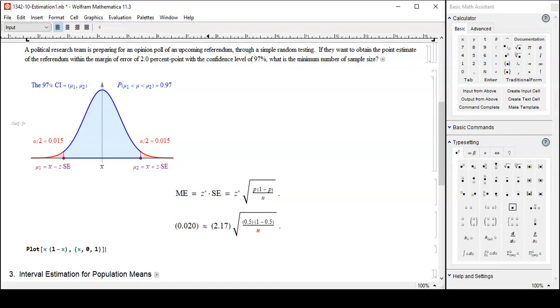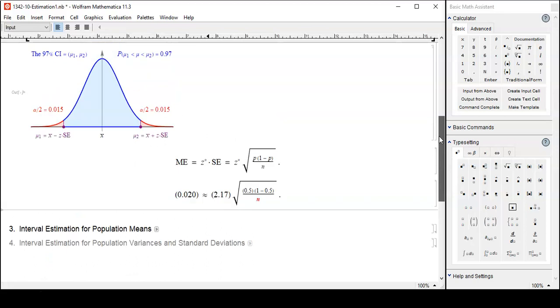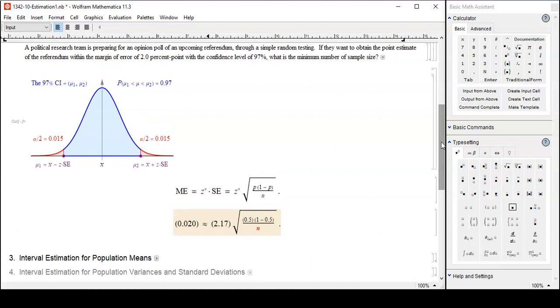So if I plot that expression, what do I see? I have a quadratic picture, a parabola, which hits the maximum at 0.5. Do you see it? You don't need calculus for that. This is just intermediate algebra. So the maximum error takes place at 0.5.